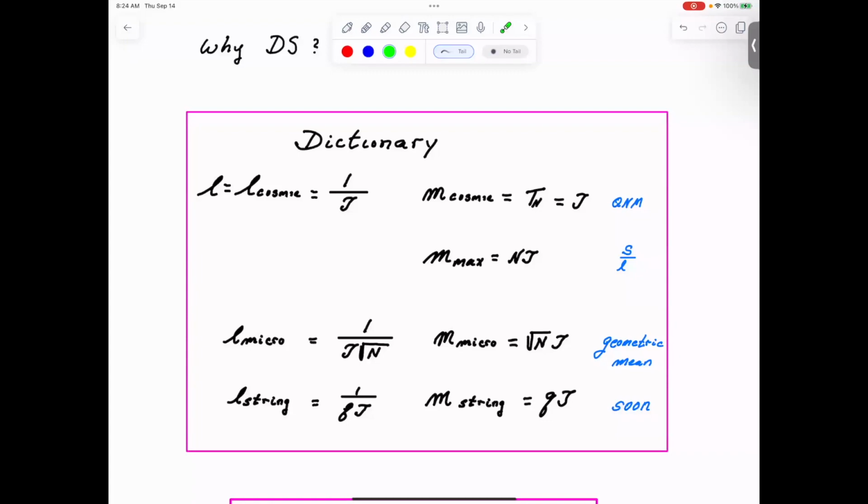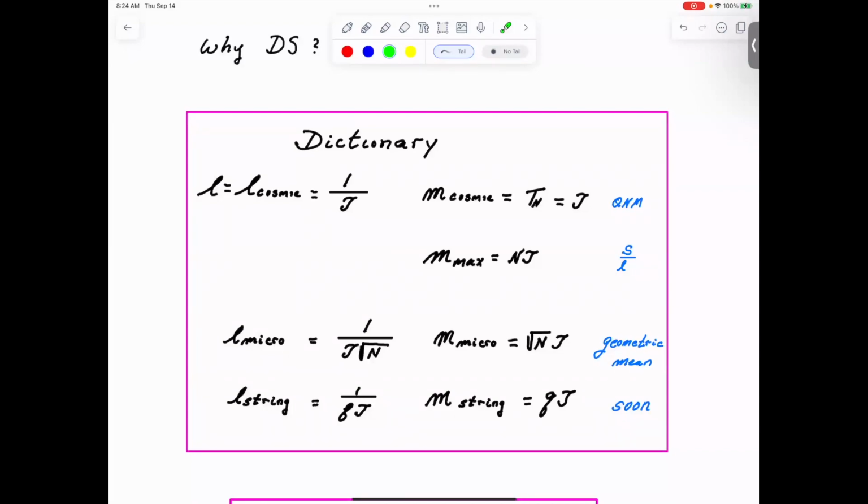Entropy is always going to be proportional to N, and L is inverse in J. And so the maximum mass scale is N times J. The microscopic scale, which is the geometric mean of these two, if we look at the mass scale, is the square root of N times J. That's the microscopic mass scale. It corresponds to a length scale, 1 over J times square root of N.